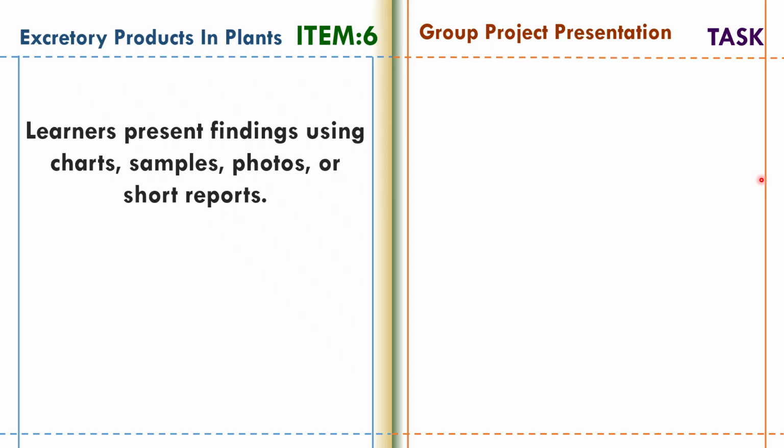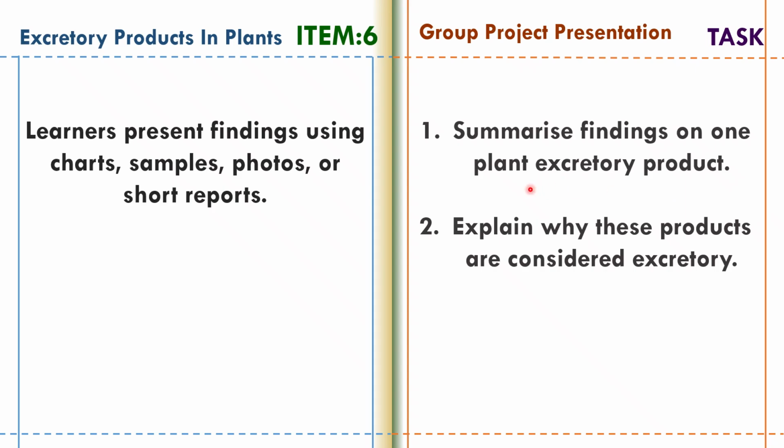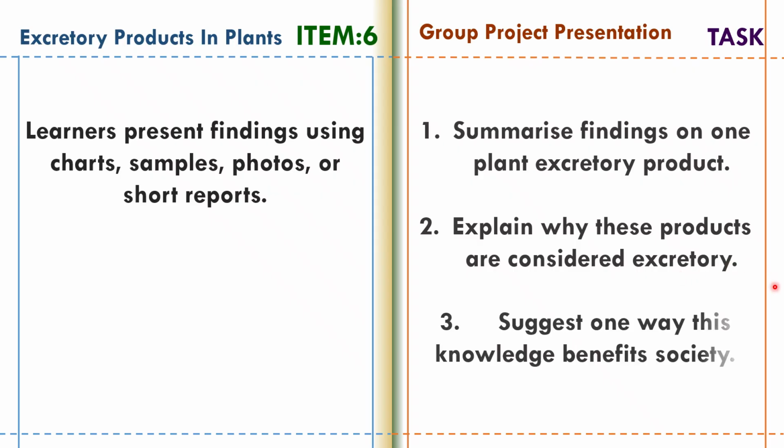Task: summarize findings on one plant excretory product. Explain why these products are considered excretory. Suggest one way this knowledge benefits society.